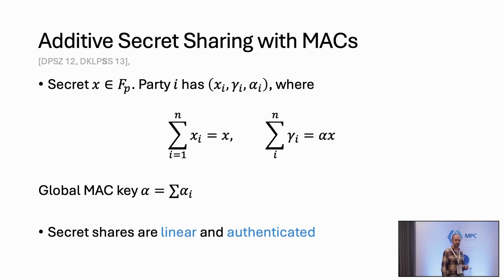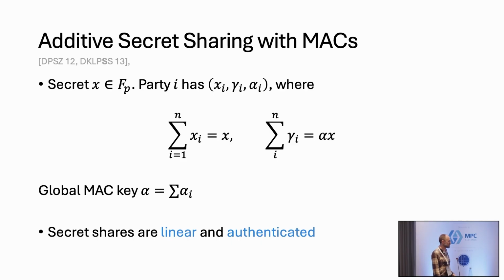SPDZ uses additive secret sharing with information-theoretic MACs over a finite field, where every secret, either input or intermediate value in the computation, is some field element x, which is additively shared into shares x_i distributed among the parties, as well as shares gamma_i of a MAC on x.